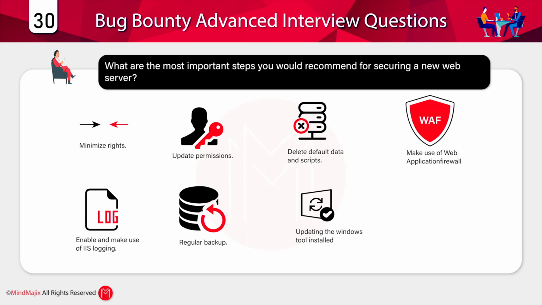And regularly you have to take a backup, so that if something goes wrong, we can directly restore that backup to the web server. The best practice is to take a backup at regular intervals, like every 2 to 3 days, so that we can easily revert to those snapshots or backups.